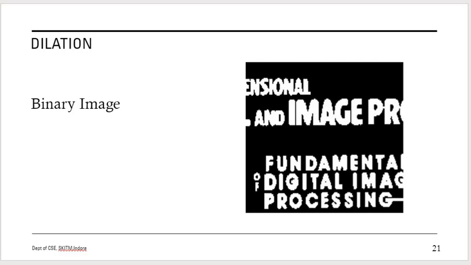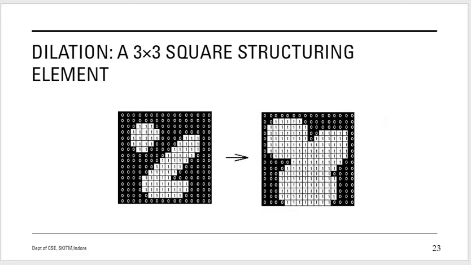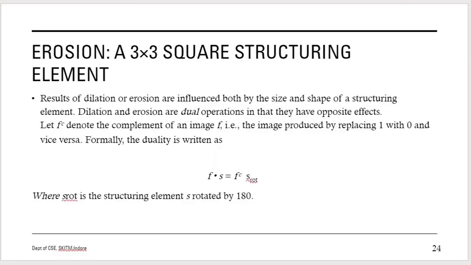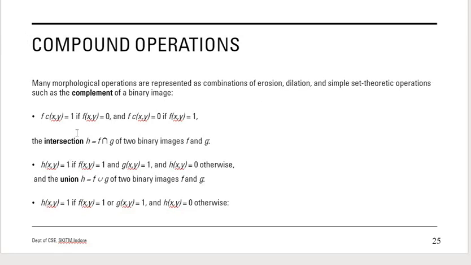So we have the same binary image, and the dilation operation that we have performed over the binary image filled the gaps between the regions. In erosion we perform the shrinking operation, in dilation we perform the expansion operation. There are also certain compound operations like complement, intersection, union.